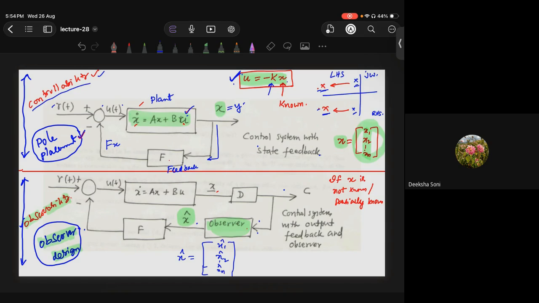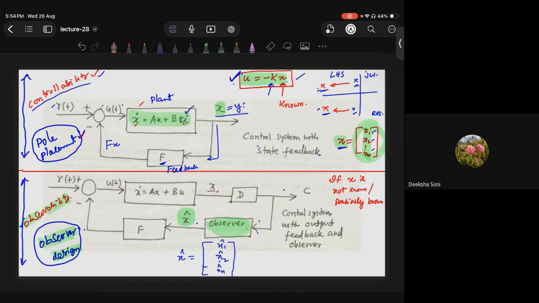Now the below part. To design this controller, we need that x, meaning the complete vector, x1, x2, etc., xn. But sometimes y is the output, and we are measuring the output using some feedback sensors. Sometimes those sensors may not give all the values directly.